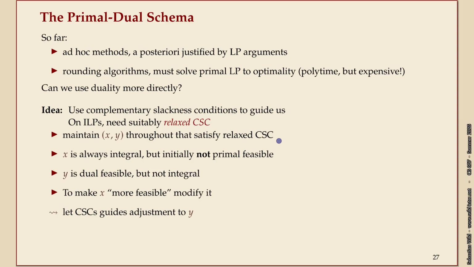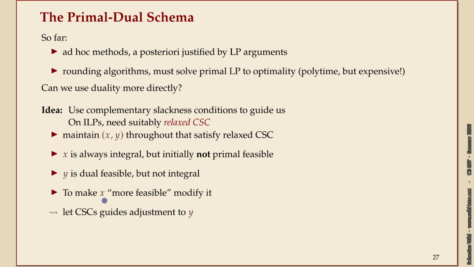You'll see how this makes a lot of sense in the example, but still I want to describe the general schema because it is more applicable than just to the example problems. So the primal solution will be kept integral, but it may not be feasible initially. For the dual, we don't care about integrality, but we want to keep it feasible.